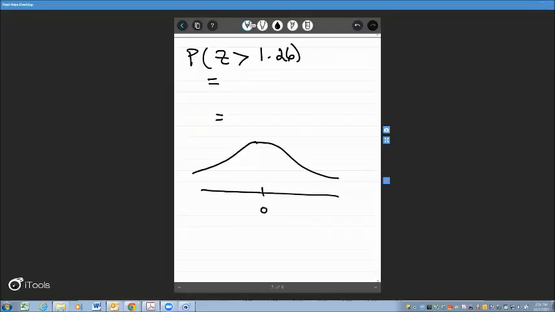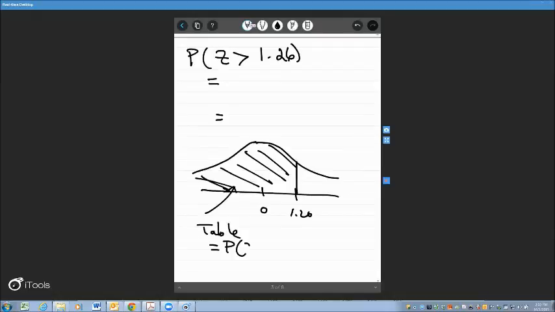If I look at 1.26, the table gives me that value. So this comes from the table. It equals the probability that z is less than 1.26. But I want this part here. This is the probability that z is bigger than 1.26. So note that that is the opposite of what comes from the table.